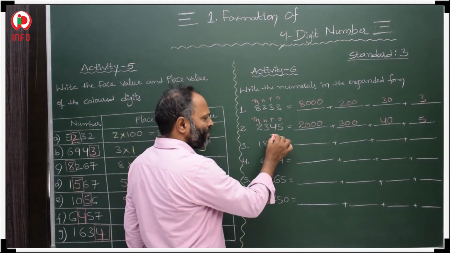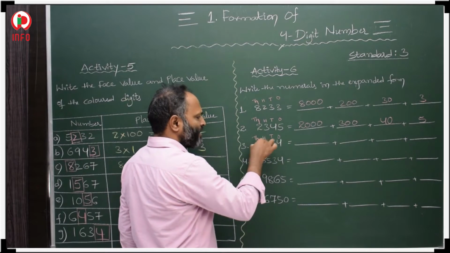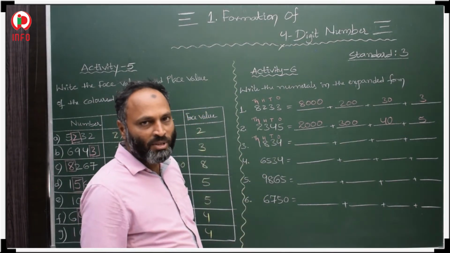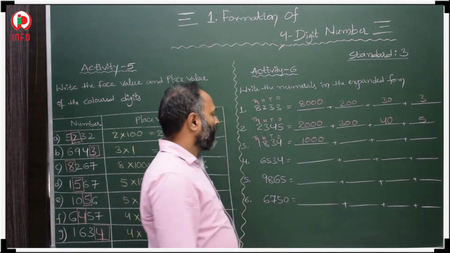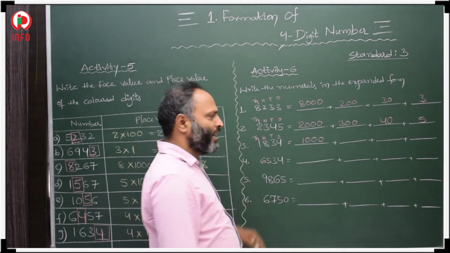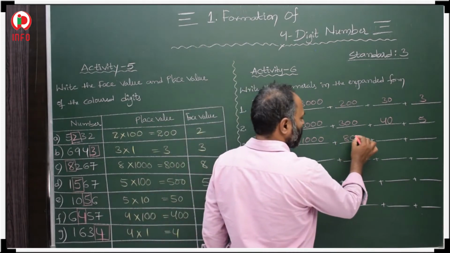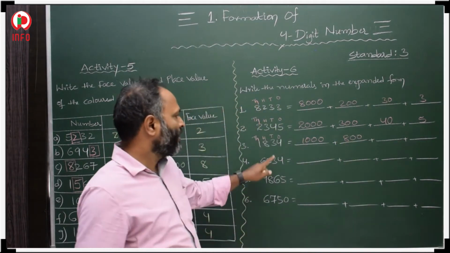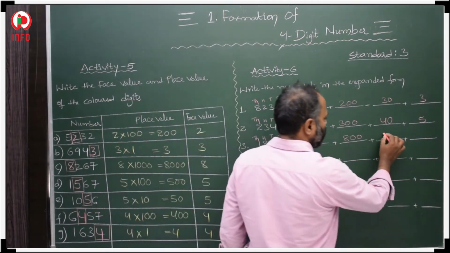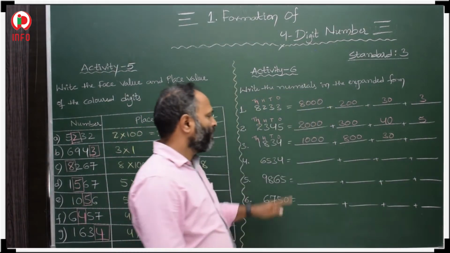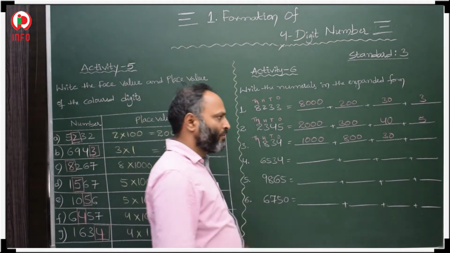Ones, tens, hundreds and thousands. 1 is in the thousands place, so that is 1000. 8 is in the hundreds place, 800. Next, 3 is in the tens place, 30. 4 is in the ones place, 4 as it is.